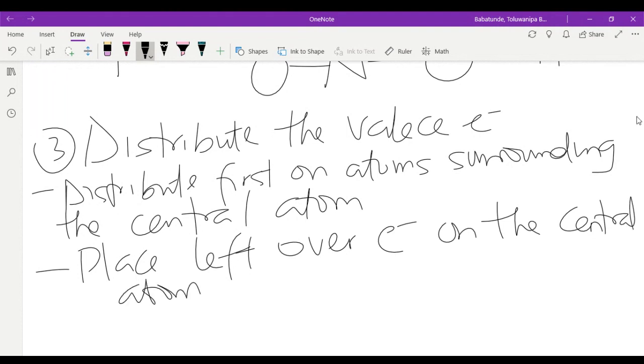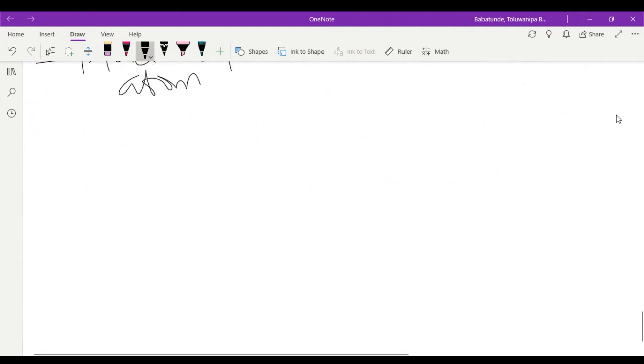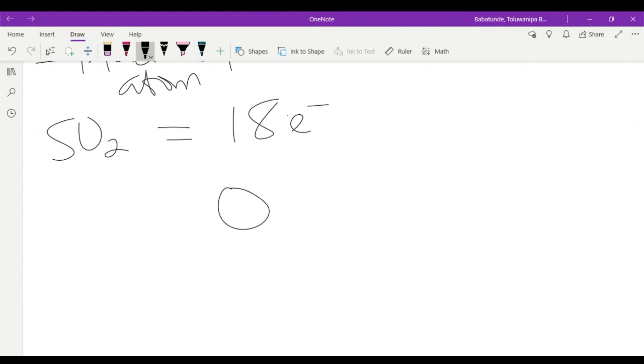Okay, so this is what I mean for our SO2 molecule that we're using. We already said that this has 18 valence electrons. We already said that the arrangement is going to be this, with the least electronegative atom as the central atom.